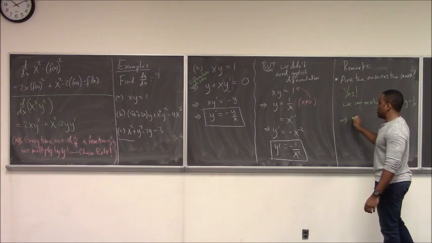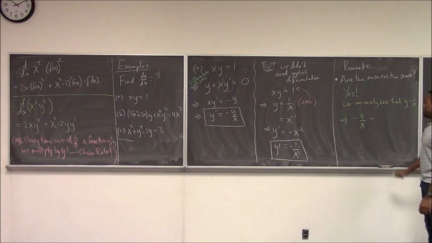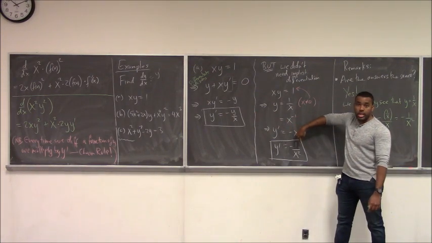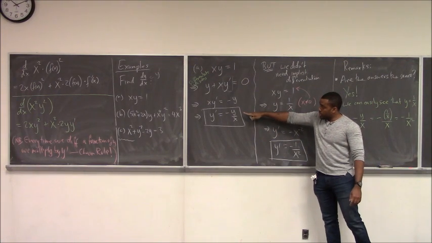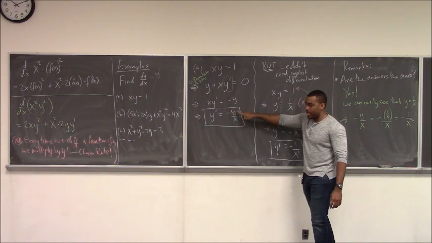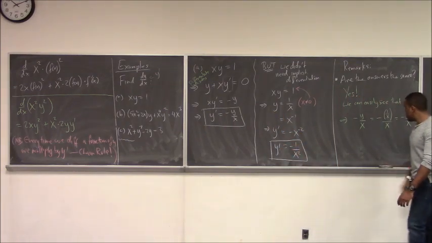This would mean, if I look at the expression minus y over x, that's just going to be minus 1 over x, which is going to give us minus 1 over x squared, right? So this answer is actually equivalent to that answer. It's just that if I'm in the situation where I can know what this guy is, it means that I could have solved for it and actually found the answer this way.